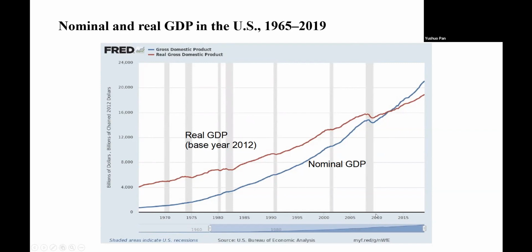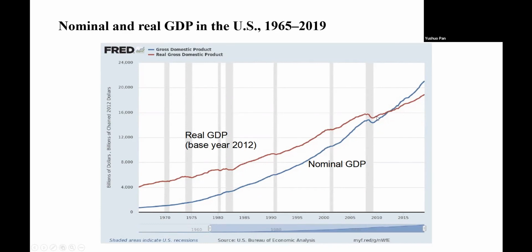So here, 2008, that's easier to remember, that's the housing crisis. Usually during recessions, we can see our GDP, no matter if it's real GDP or nominal GDP, decreases by some amount.